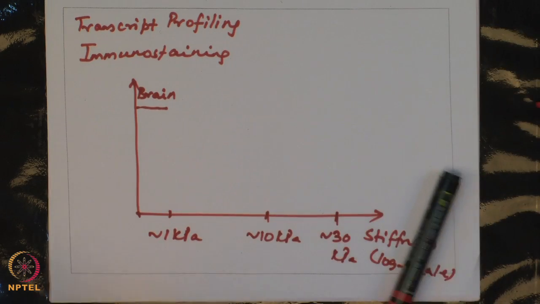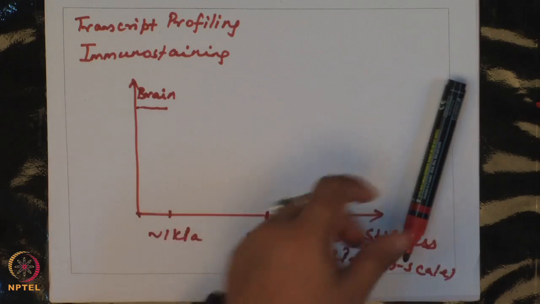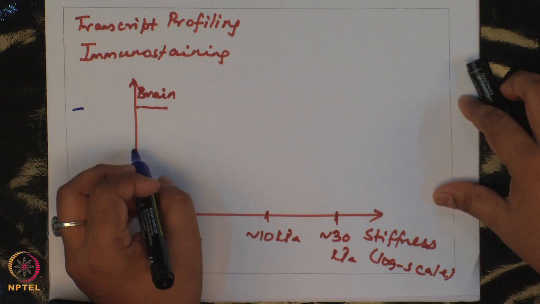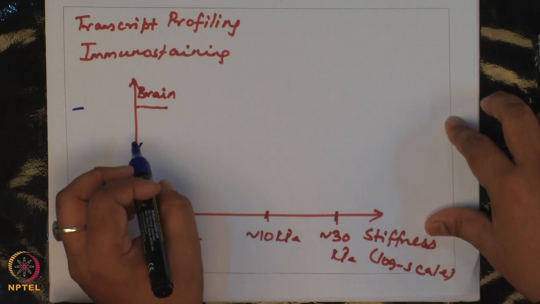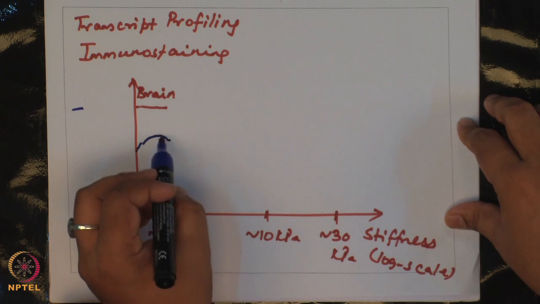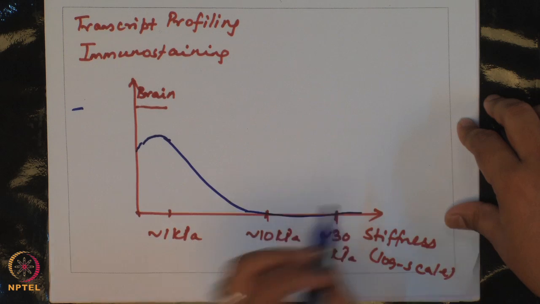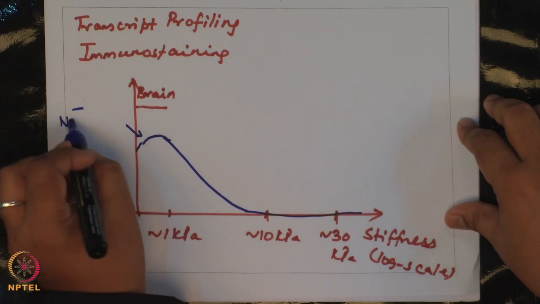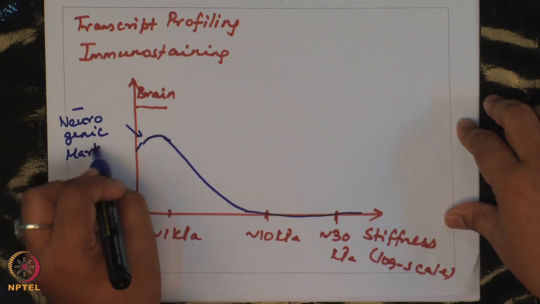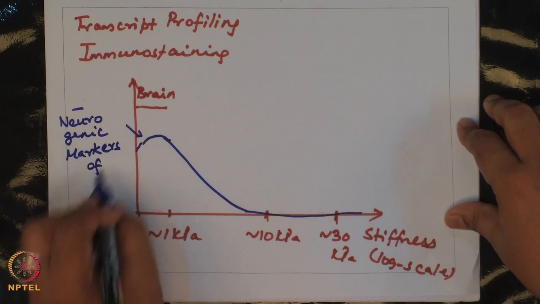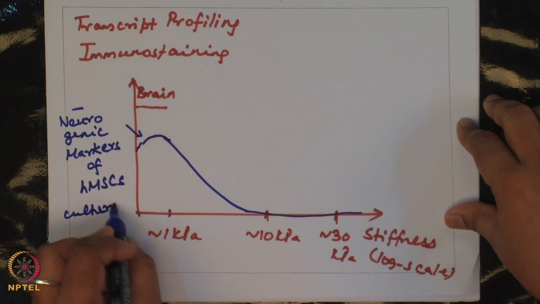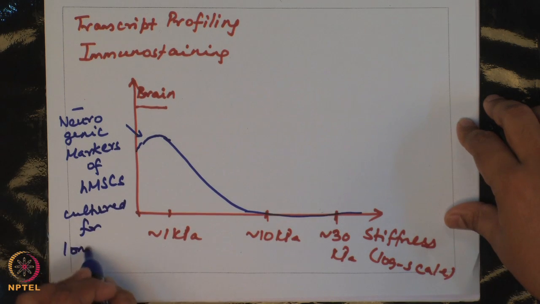Okay. So, let me draw with different colors for each of the 3. Right. So, the brain signal, the muscle signal, of neurogenic marker expression. So, these are the neurogenic markers of HMSCs, which have been cultured for long term.